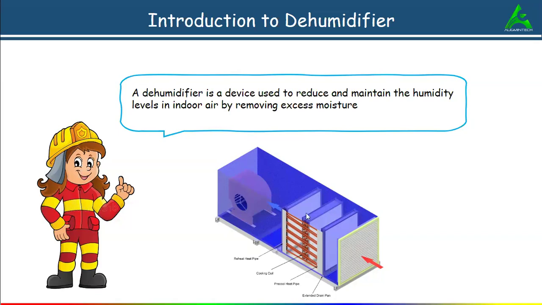To maintain the particular percentage of relative humidity, there is a reheater. The term itself says it reheats the air; though it loses energy, this process is required to maintain the relative humidity.